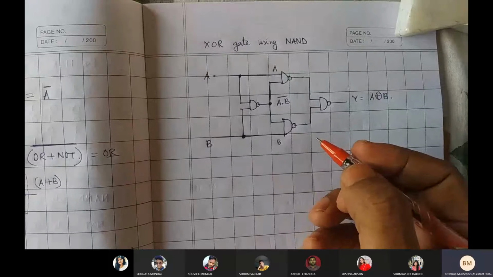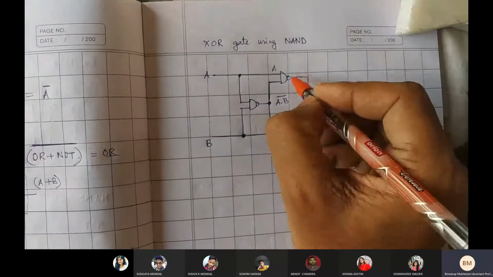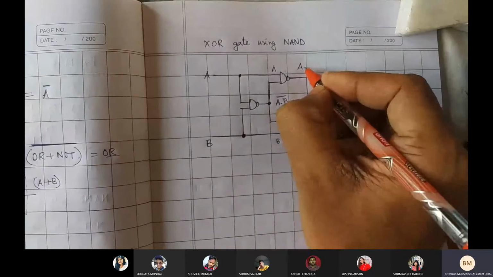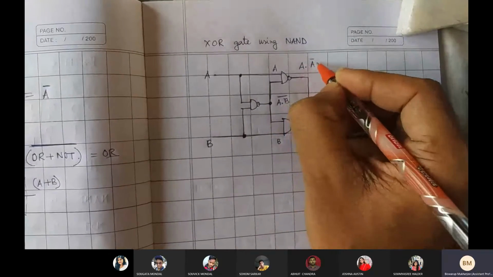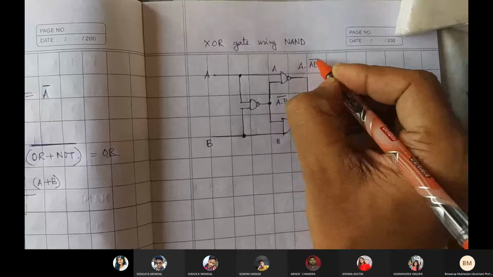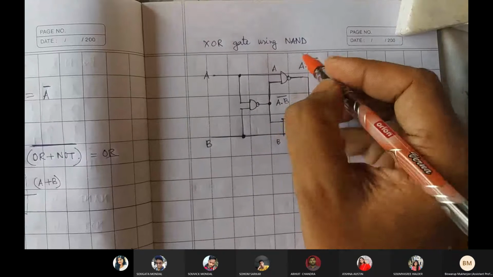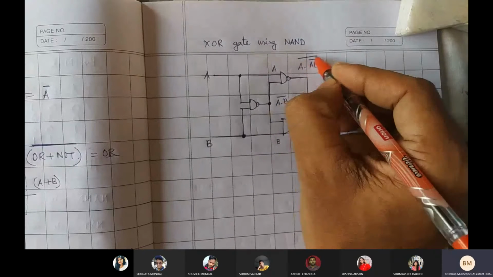Right. So at this particular position we can get A dot (A B bar) whole complement, right?